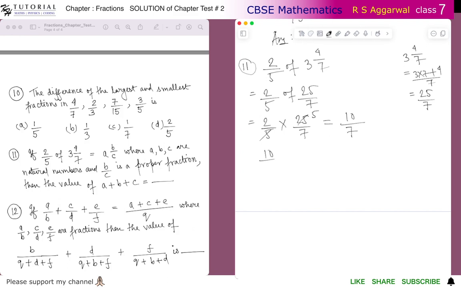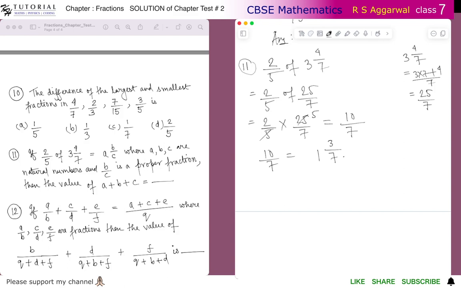10 by 7 is an improper fraction, and we convert it to a mixed fraction because on the right hand side it is given in the form of a mixed fraction, that is a upon b by c. Now what is 10 by 7 in the form of a mixed fraction? It becomes 1 upon 3 by 7, and it is given that b by c is a proper fraction, so we have 3 by 7, a proper fraction.